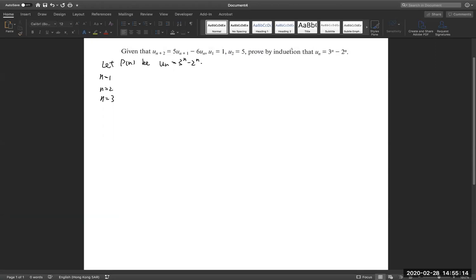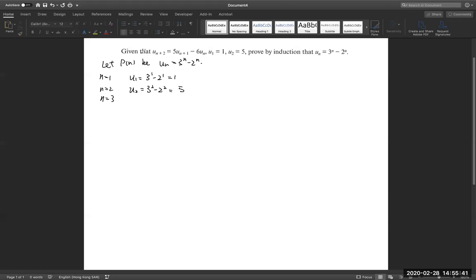But you need to show that this formula gives you the result. That means P1 is true. And then when n=2, 3 to the power 2 minus 2 to the power 2 gives you 5, okay? And then that shows P2 is true. But why do you need to show that P3 is true also?